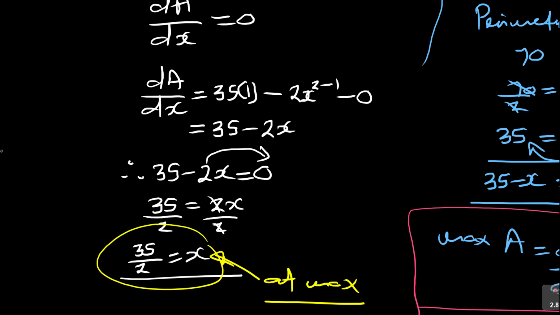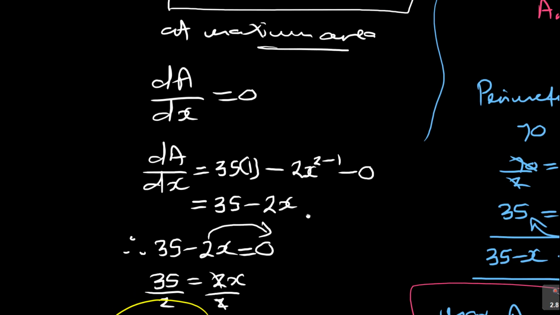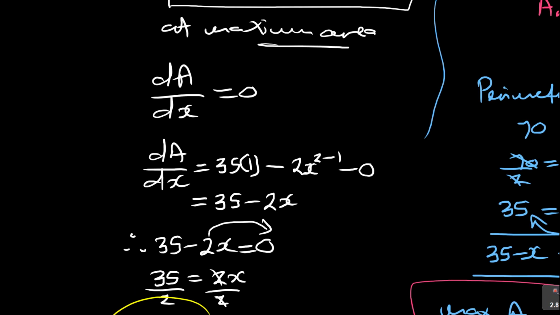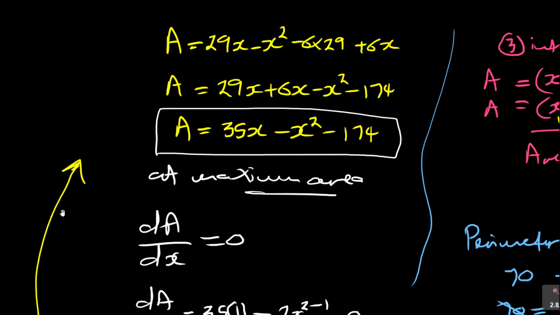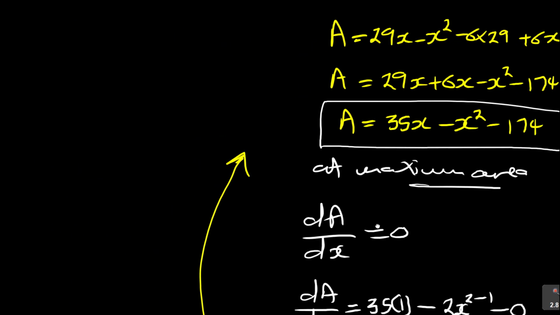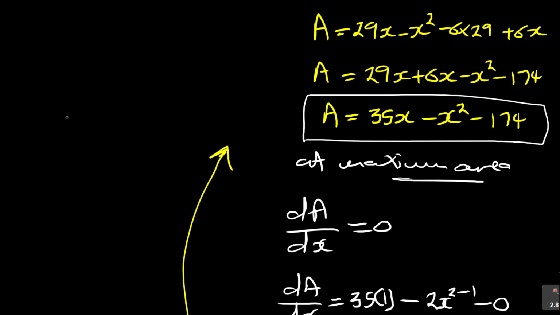So you're going to take this value and you go and plug it in up there. That's what you're gonna do. You take this value of x and you plug it in up there. So you're going to say therefore maximum area here is equal to, so you can write A max is equal to 35.